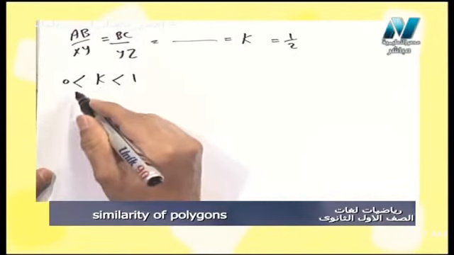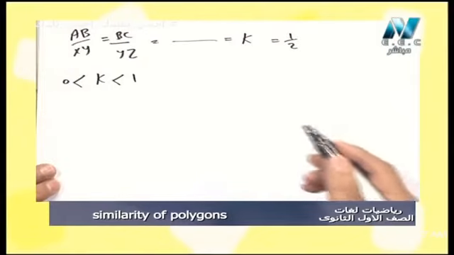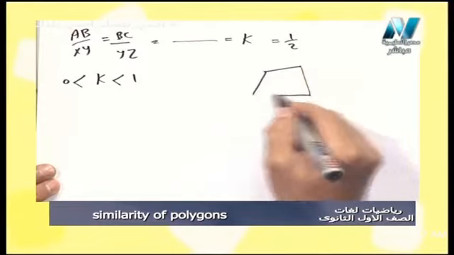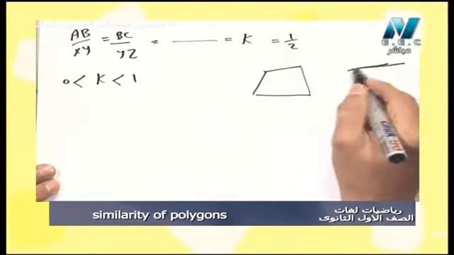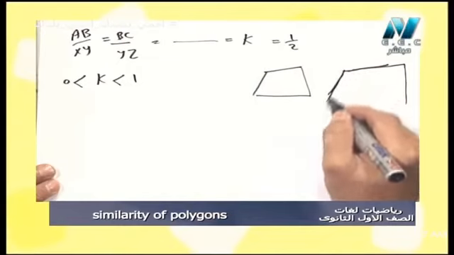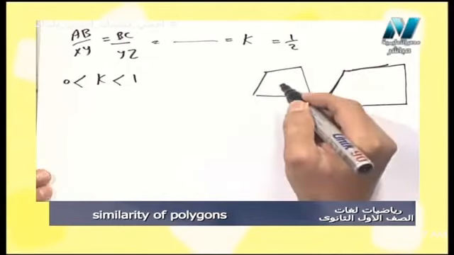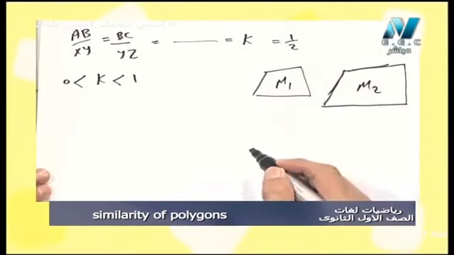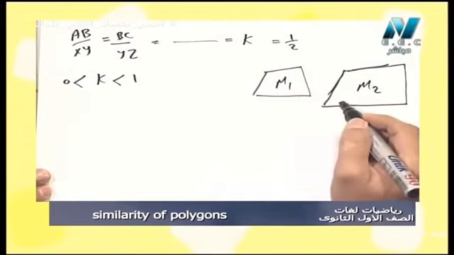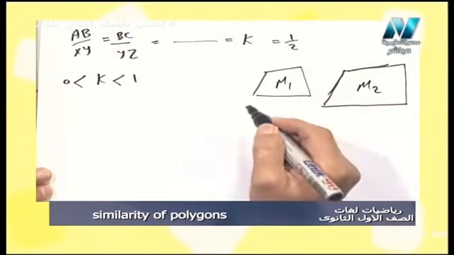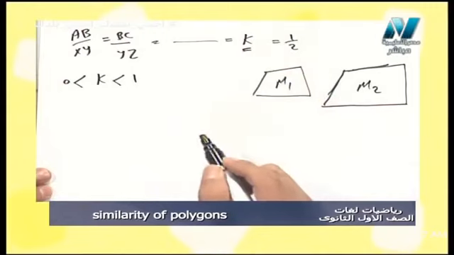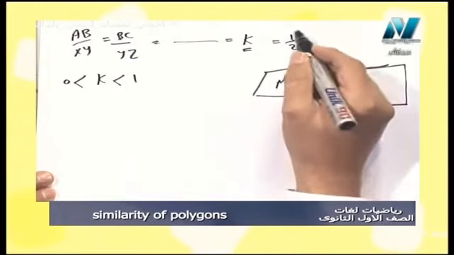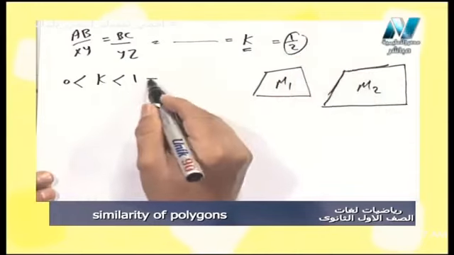If K is between 0 and 1, and we have this square M1 and this square M2, and they are two similar quads, and K is the scale of similarity or similarity factor or similarity ratio equal to half.